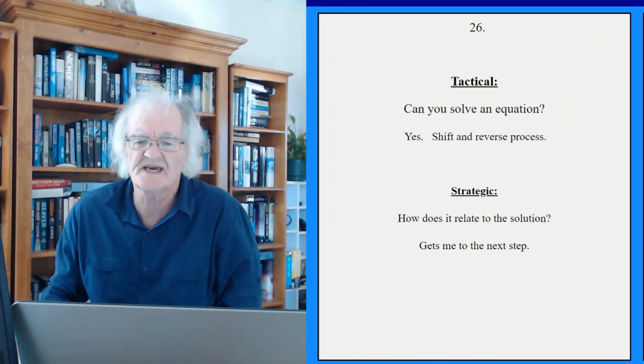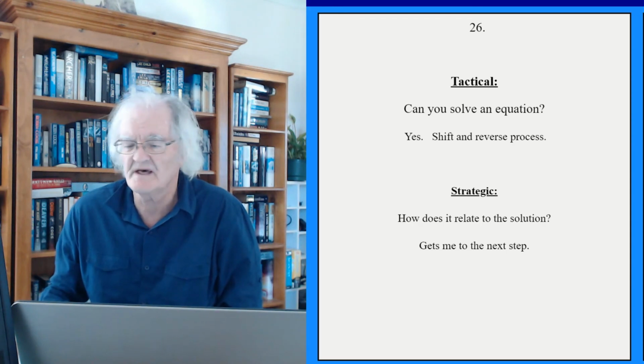So we have tactical thinking. Can you solve an equation? Yes, we can. We shift and reverse processes. Strategic. How does that relate to the solution? It gets me to the next step and I know what to expect to do with it.